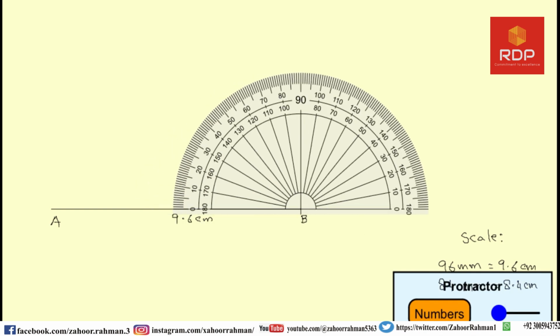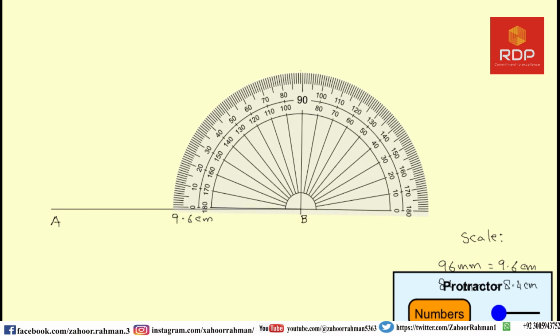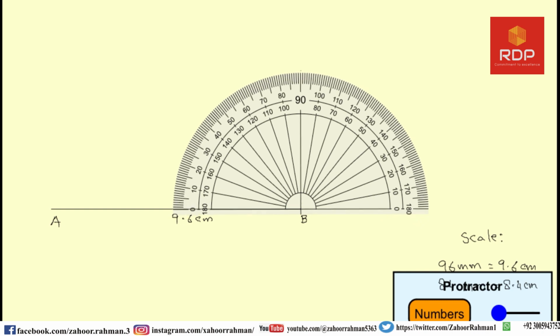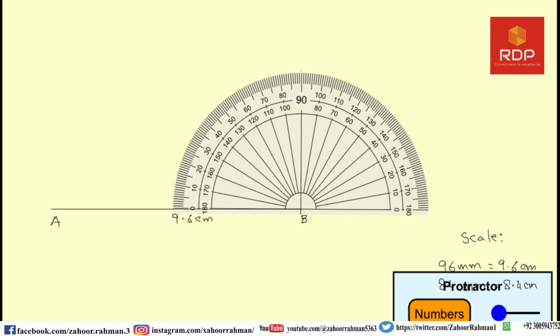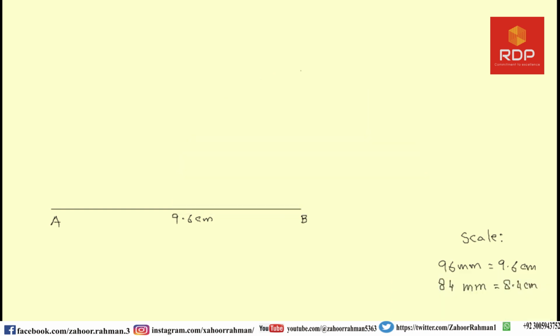Here I have to draw a 90-degree angle, and then I have to connect this line with the B. So this is what I am drawing, and then I have to cut it 8.4 centimeter.